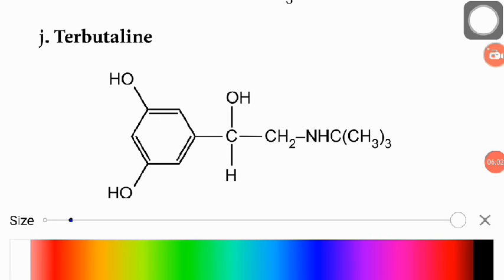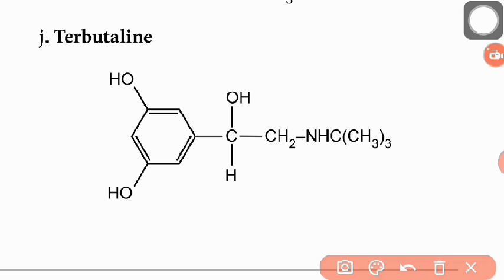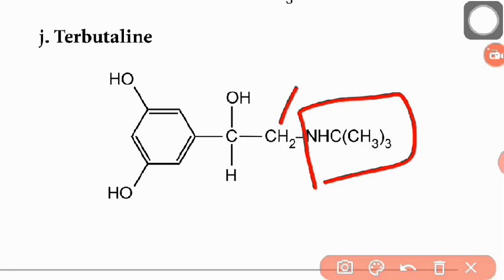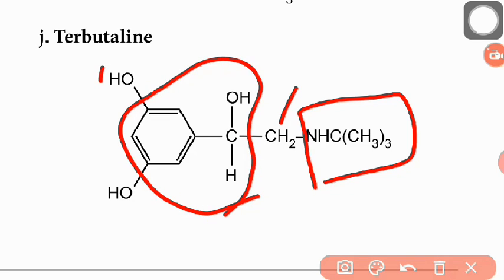So this is terbutaline. As per the chemical name, it has a tertiary butyl amino group. Tertiary butyl amino group, and we have the substitution of a methyl, tertiary butyl amino methyl group, and it is considered again a benzyl alcohol with a 3,4 dihydroxy group.